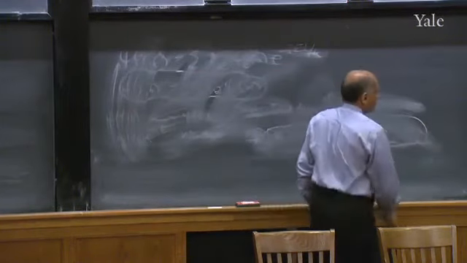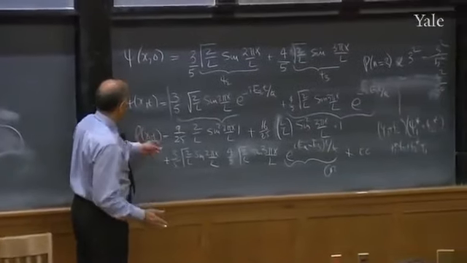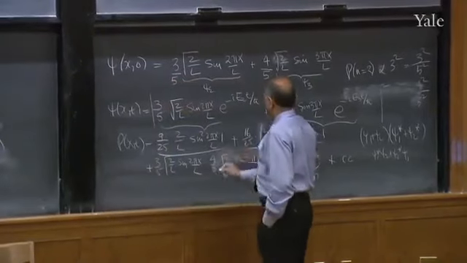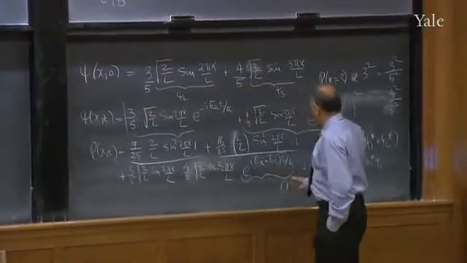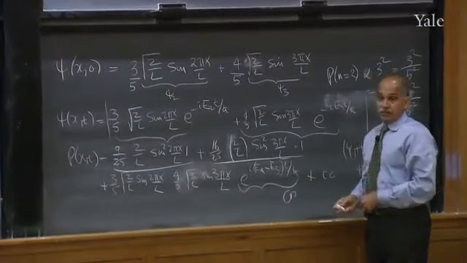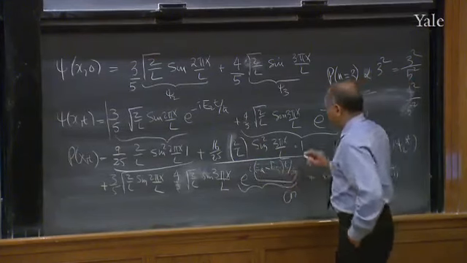I don't even want to write it because it's in the notes. I want you to notice the following. Look at the first term, no time dependence. Second term, no time dependence. The cross term has an e to the something, and I claim the other cross term will have e to the minus something. E to the i something, e to the minus i something is the cosine of something. That's all I want you to know.